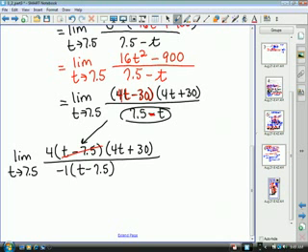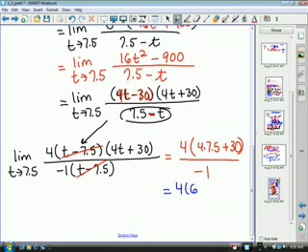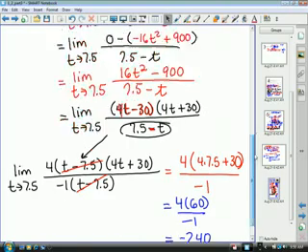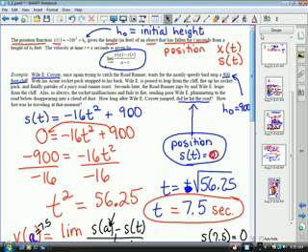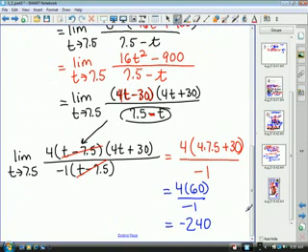And then this cancels. So it looks like we're going to get negative 240. And I believe this was in feet? Yeah, feet. So this was feet per second.